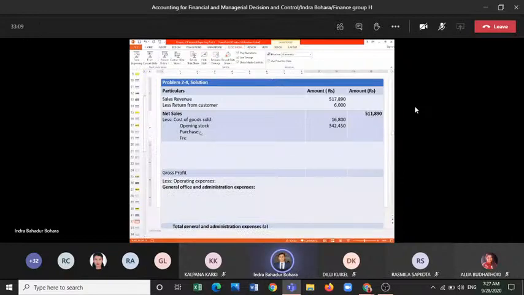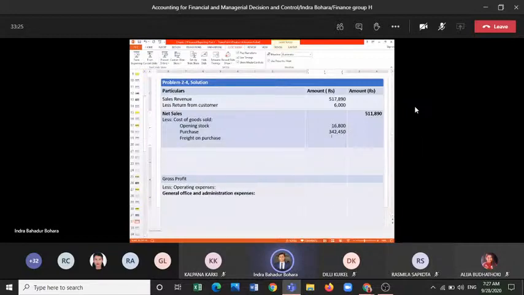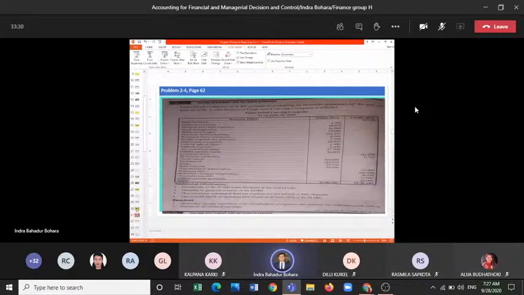It is also called freight inward or carriage inward. Let's see the amount of freight on purchase. Freight on purchase is 2,200.